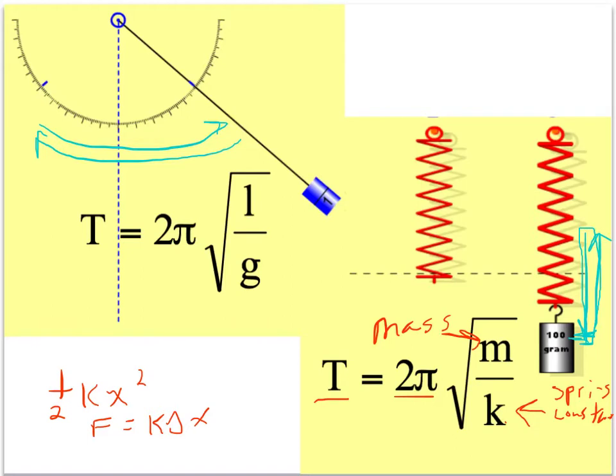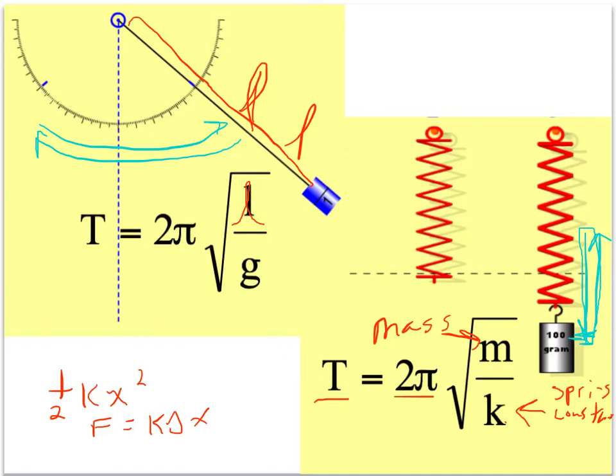For a pendulum, the only thing that determines the period of the pendulum is the length of the pendulum string. So if we call this distance here L, it's a terrible L, that length is the only thing that affects how long it takes the pendulum to swing. So this looks like a 1 for some reason on the screen, but L. And gravity.